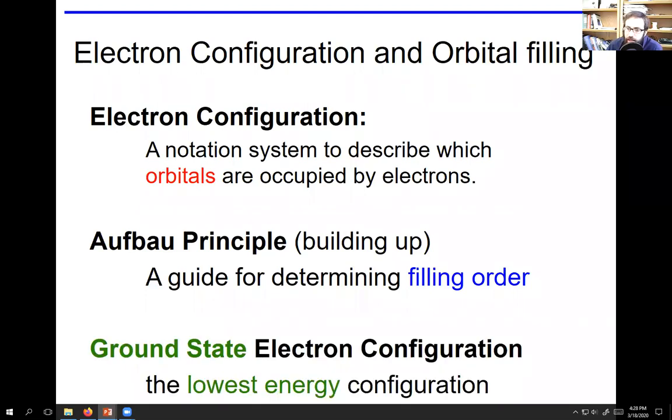All right, and in this course, mostly we're concerned about the ground state electron configuration. So this is the lowest energy configuration. If you just have an atom floating around, what is its lowest energy configuration? Most of the atoms are going to have that electron configuration. Now, if you shine light on it or heat it up, it's going to change the electron configuration.